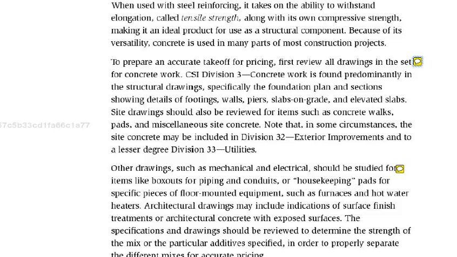The numbers you're going to see referenced here are that concrete is in Division 3, the Construction Specification Institute breakdown of project materials and components. So we're going to talk about CSI Division 3. And when we get to the estimating software, that's also where you'll be looking, under Division 3.